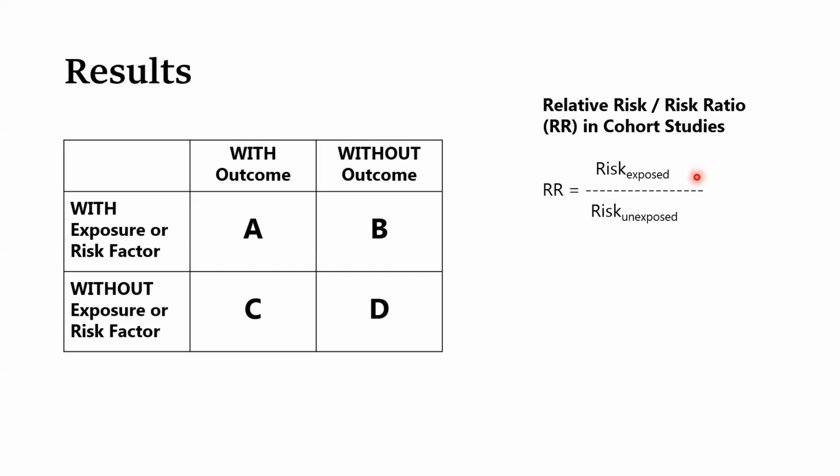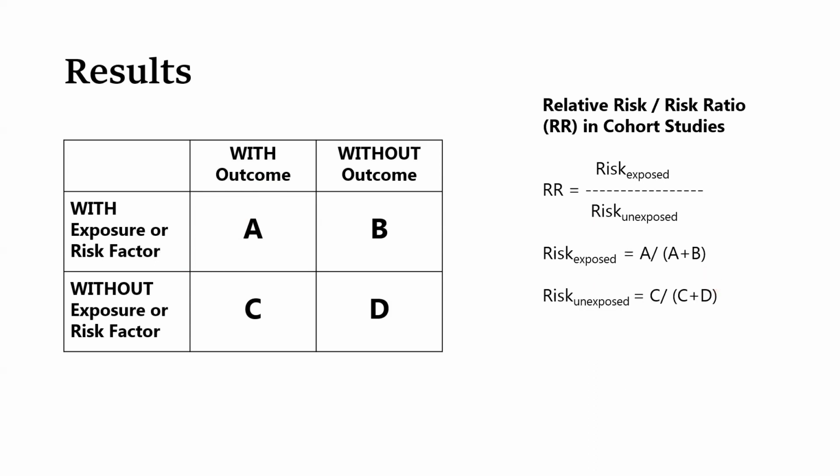What is the risk in the exposed group? That simply means among those with exposure, how many develop the outcome? So that is A. So the risk in exposed group is equal to A over the sum of A plus B.